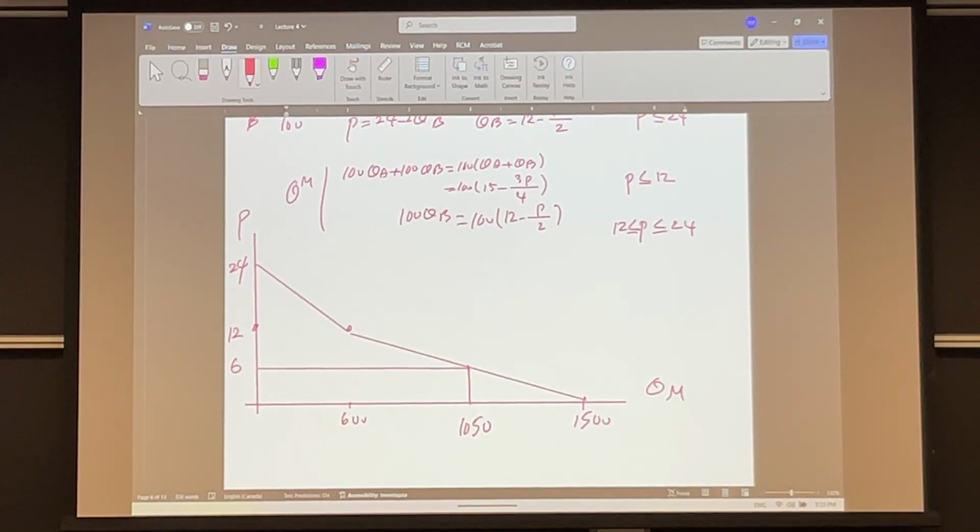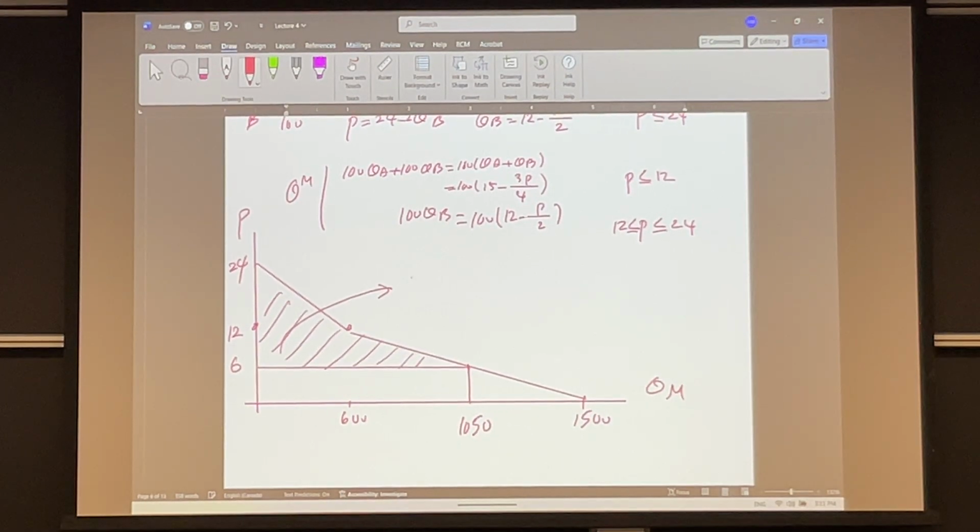Okay, what's the market surplus? If you look at it, you can calculate that area, right? You can actually split it in 3 and have the numbers. Definitely doable, but if you try it and you make a calculation error, you get nothing.